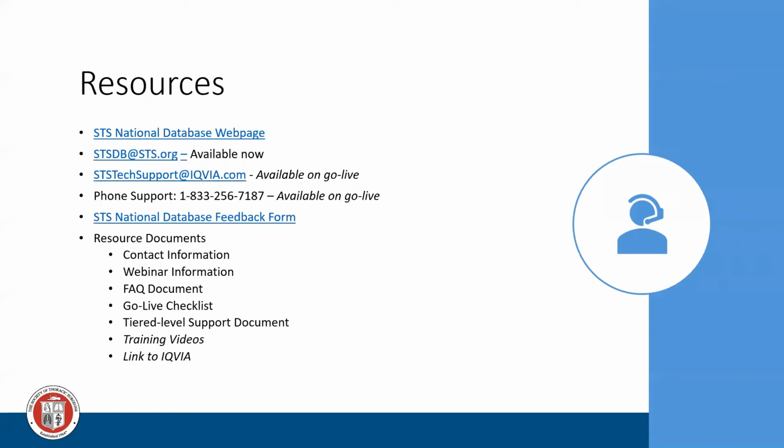Will the data contact related to one site receive an email when somebody from another site submits through IQVIA once they go live? This is a great question. I'm not sure how that will work. No, we're not going to have emails.